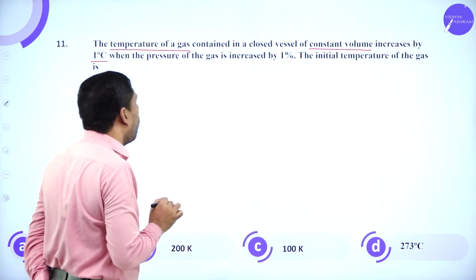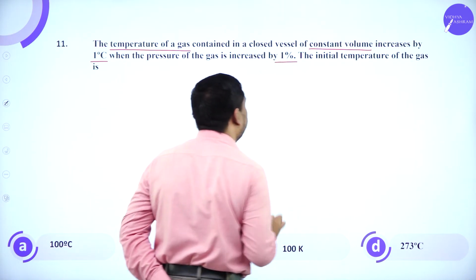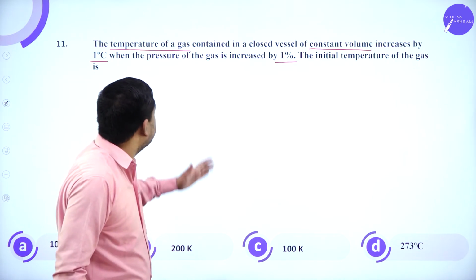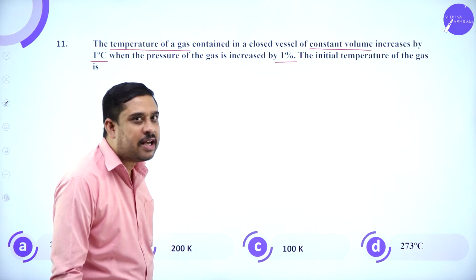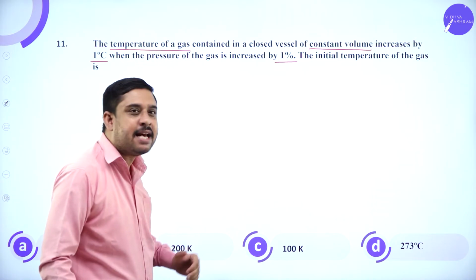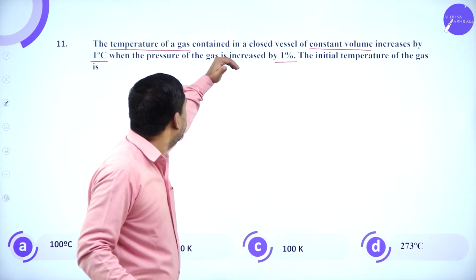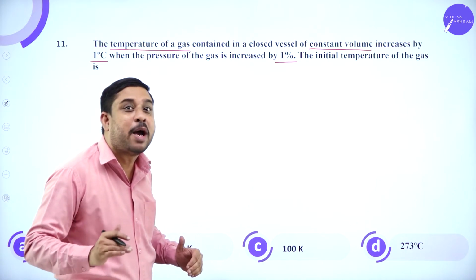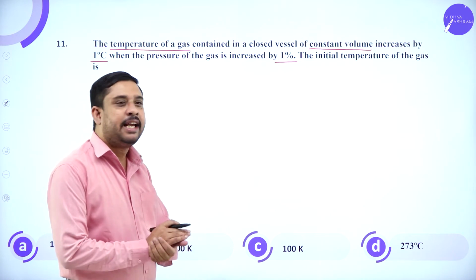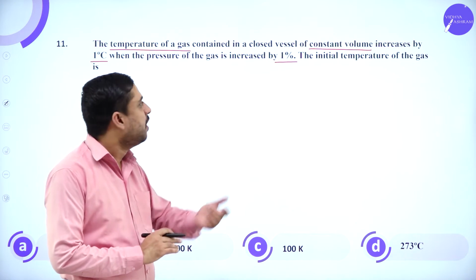Keeping volume constant, the temperature of a gas increases by 1 degree Celsius when the pressure is increased by 1%. Then what is the initial temperature of the gas?